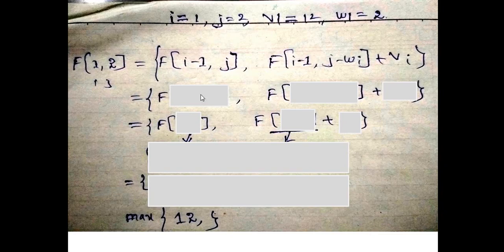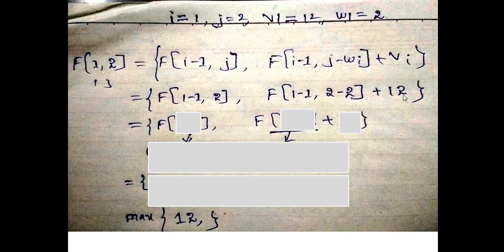See here, the same equation I am using. I already wrote this, just check the answers. F of 1 comma 1, i value is 1, so 1 minus 1, j value is 2. Next, 1 minus 1, j minus wi, 2 minus 2, then vi is 12.